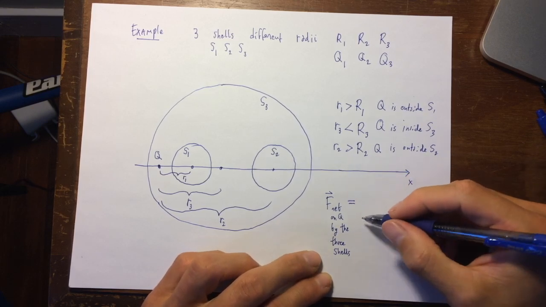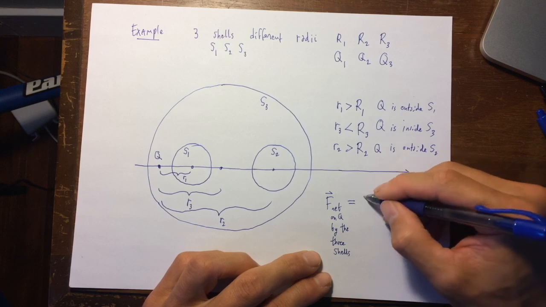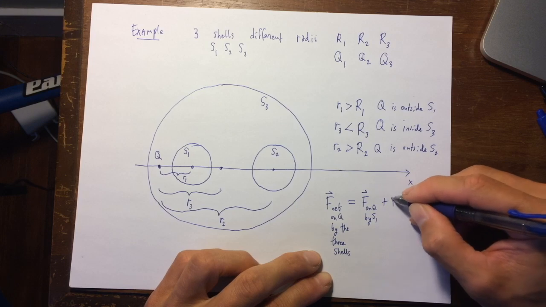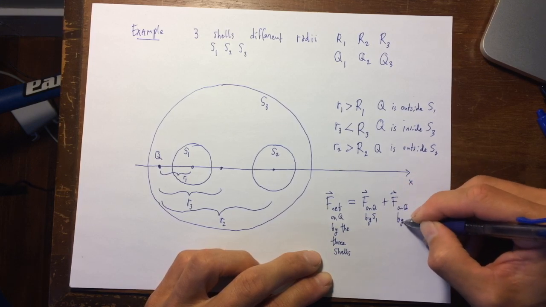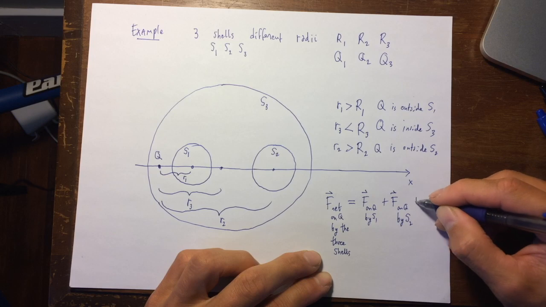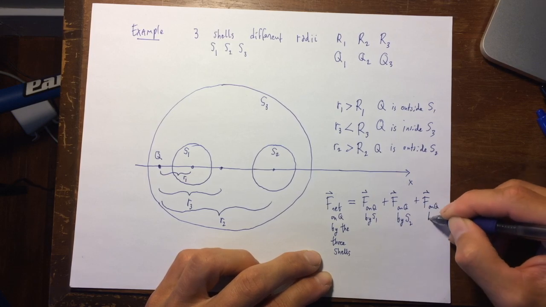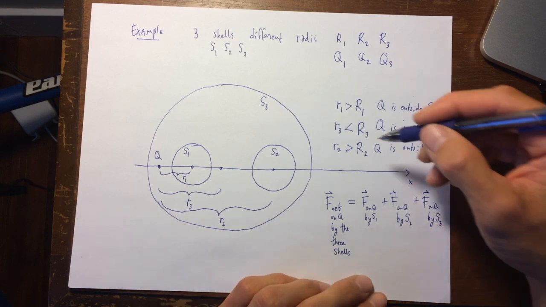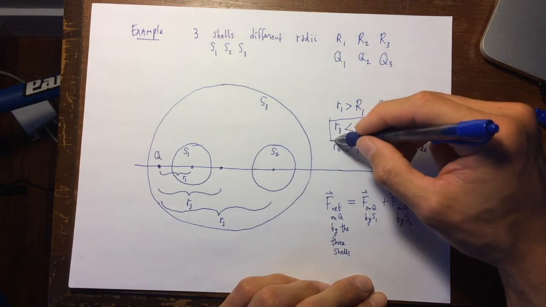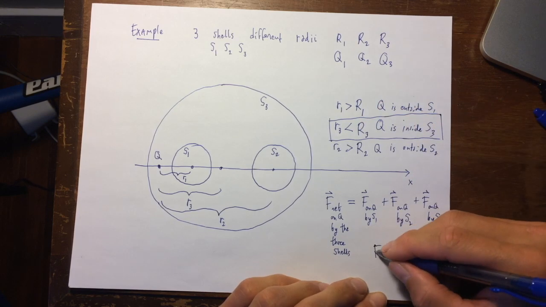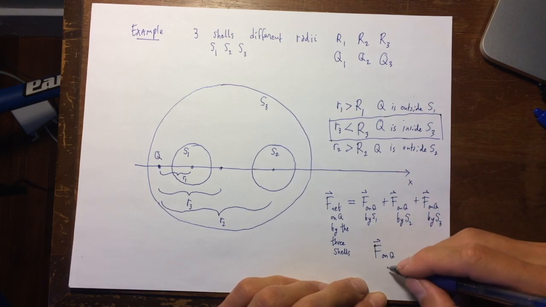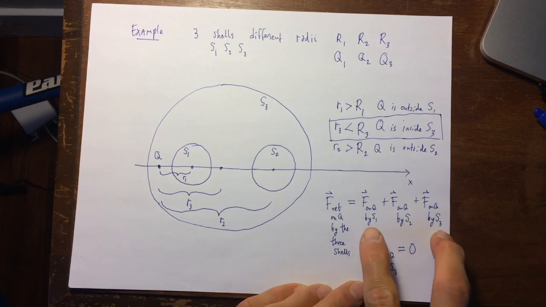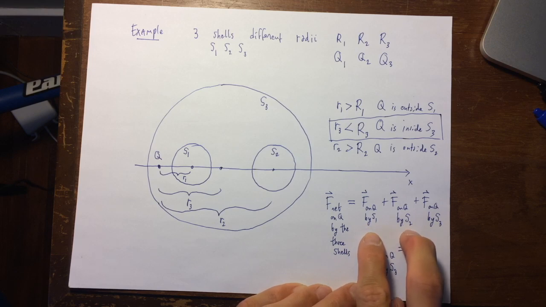it's the sum of the forces by the individual shells. So it's the force on Q by shell number 1 plus the force on Q by shell number 2 plus the force on Q by shell number 3. But there's a really quick thing we can say. We can use the inside rule, and the force on our charge capital Q by the shell S3 is 0, but the other two are not 0.